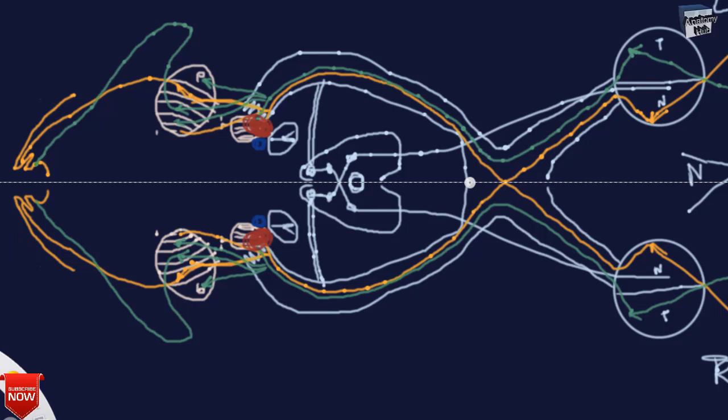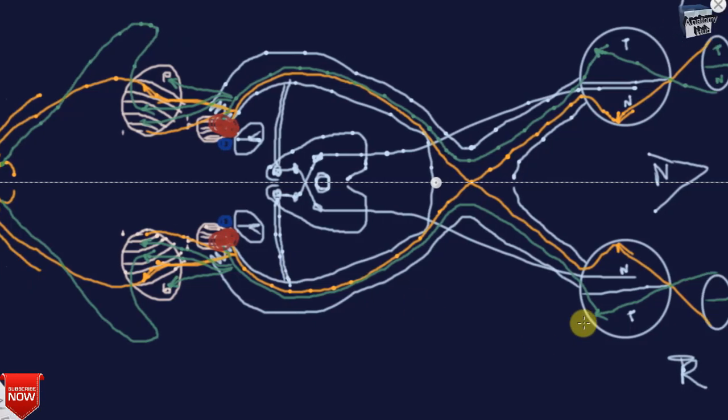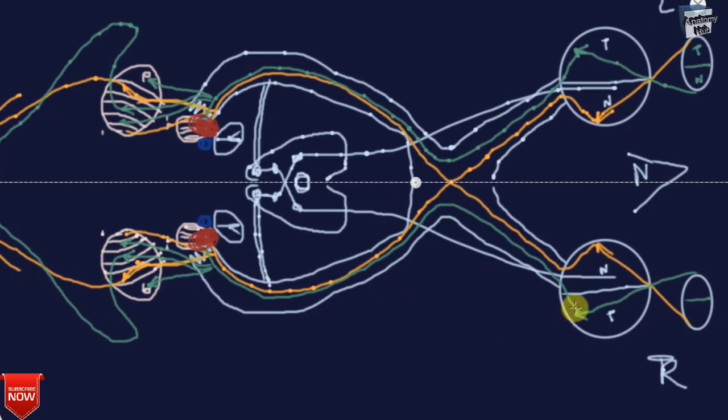If you consider a lesion at a particular side of the temporal part of your retina, this is lesion number 1.